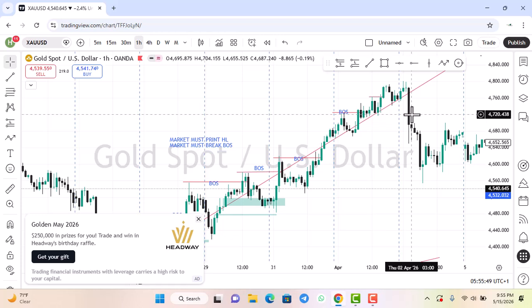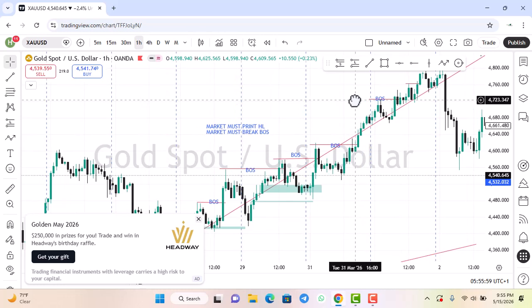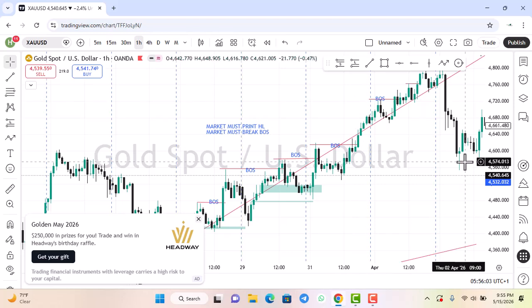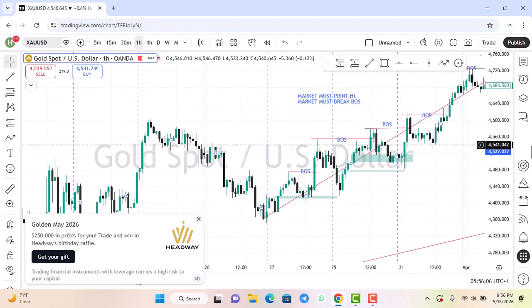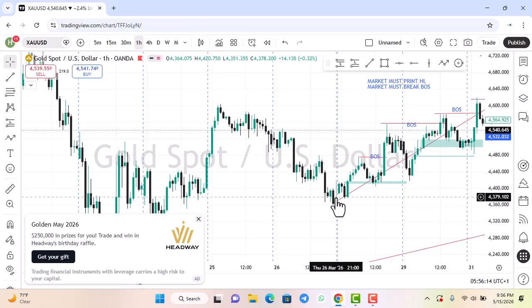Valid, because when you miss a point, you are not going to get a valid entry. So that is why I'm trying to explain to you how to get your point right. So let's come down to here and see. Now, look at this. Just from this point here to this point here, we have a bearish market, right?